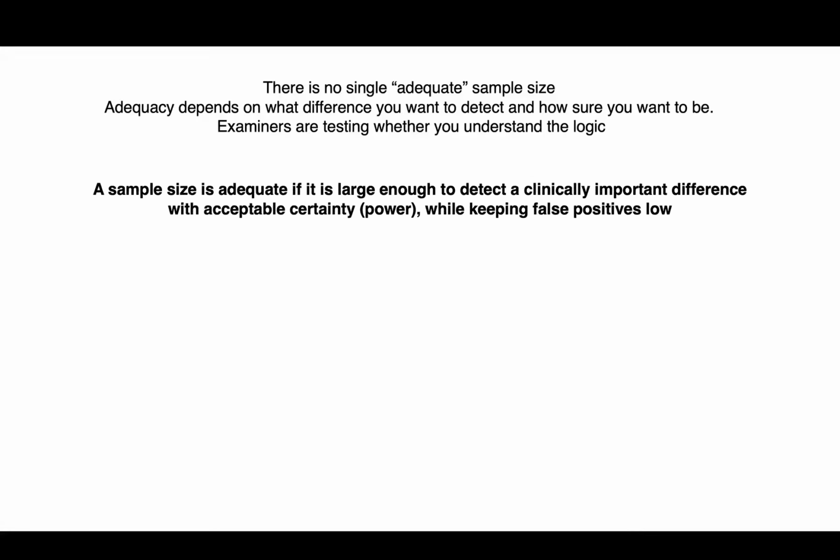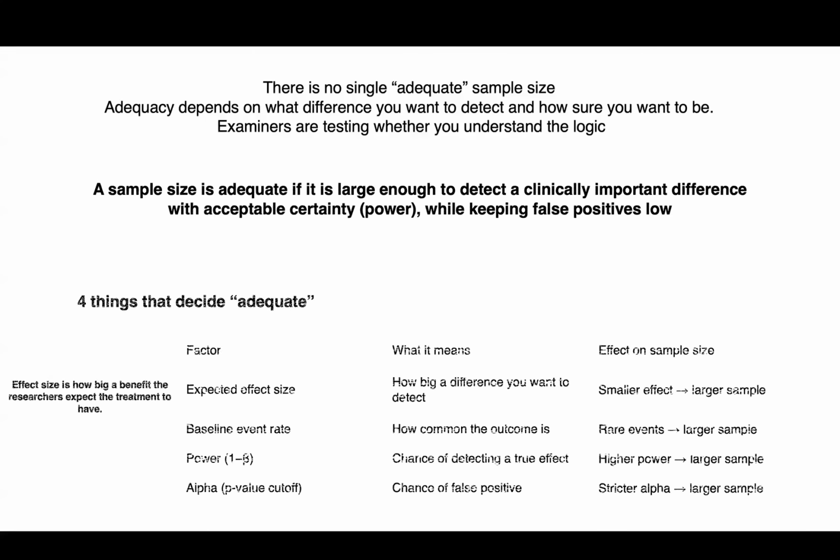So a sample size is adequate if it is large enough to detect a clinically important difference with an acceptable certainty, that is power, while keeping the false positives low. So the four things that decide adequate are: one is the expected effect size. So what is this effect size?